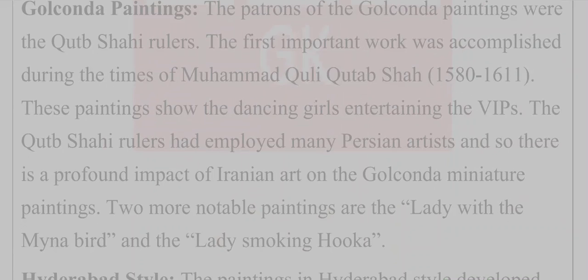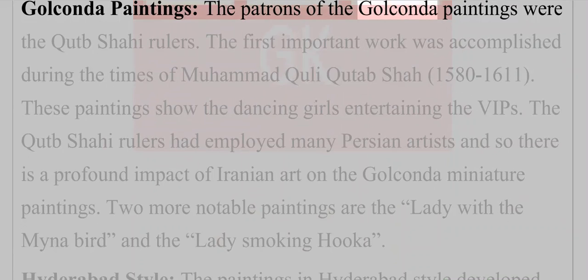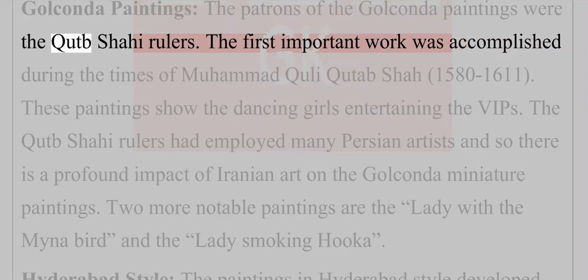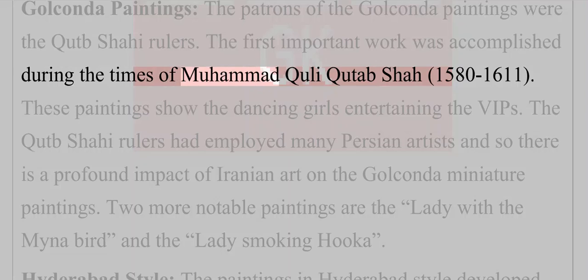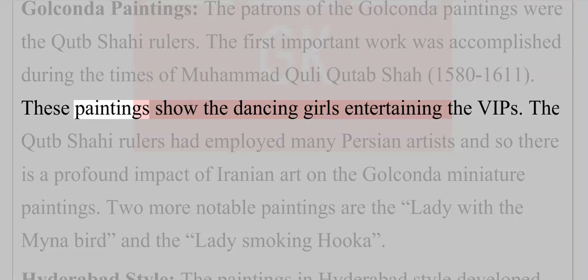Golconda paintings. The patrons of the Golconda paintings were the Qutb Shahi rulers. The first important work was accomplished during the times of Muhammad Quli Qutb Shah, 1580 to 1611. These paintings show the dancing girls entertaining the VIPs.